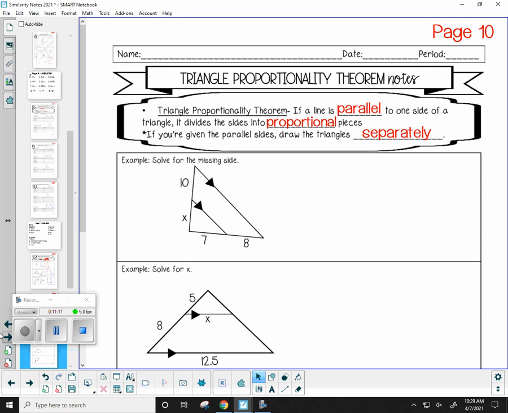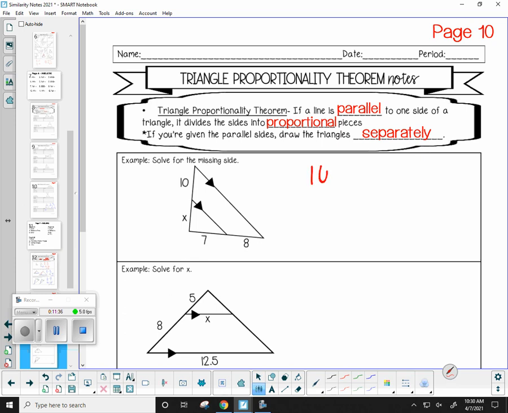So first of all, if we have triangles that are nested inside each other that are similar, it's happening because we have parallel lines. When we have parallel lines, those parallel lines actually end up dividing our legs into proportional parts. So I don't have to think about the small triangle, the big triangle. I can just use the parts of the legs that are being broken up.